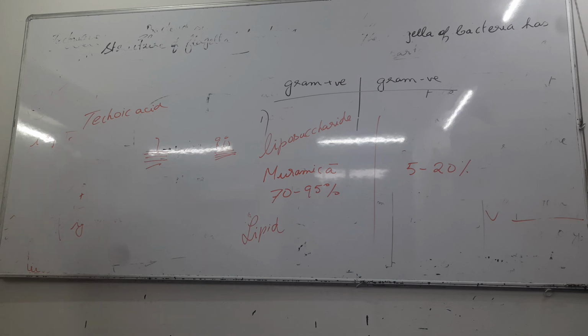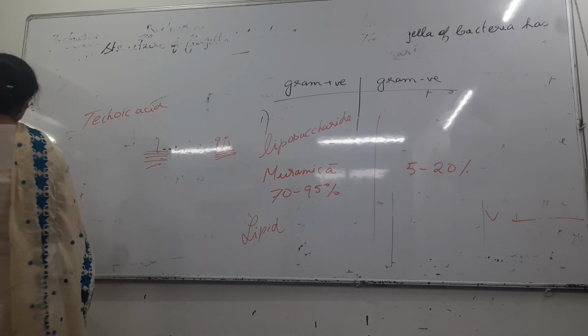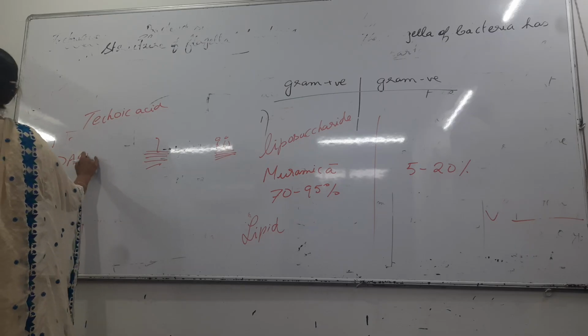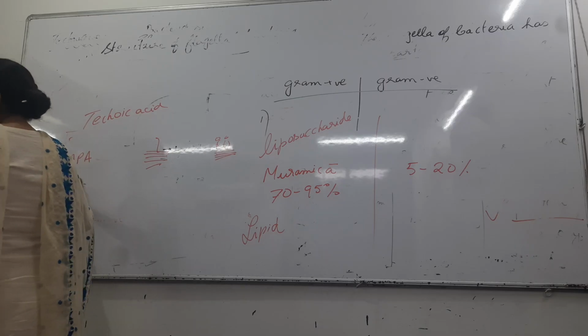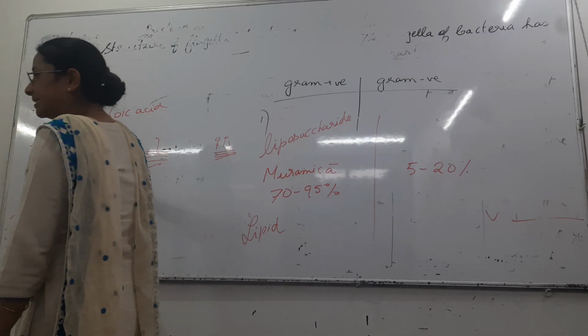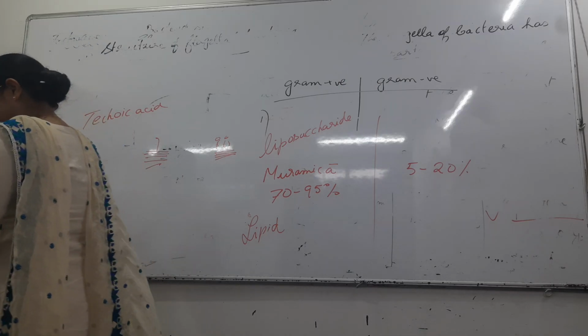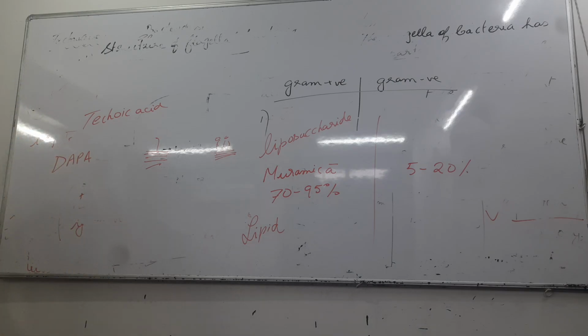Teichoic acid অকল gram positive থাকে, right? Next point. Remember this? অলপ আগতে কৰিছিলো, right? DAPA absent in gram positive, present in gram negative. DAPA কি হয়? Amino acid, right? Present in gram negative.